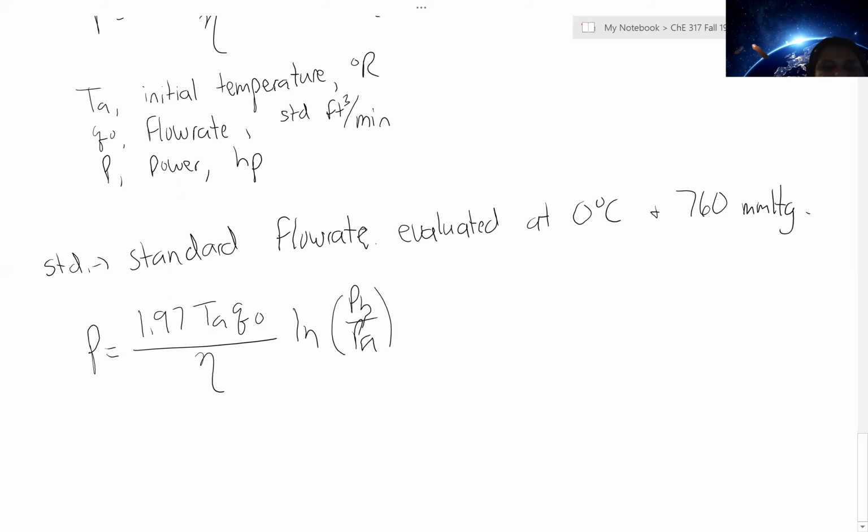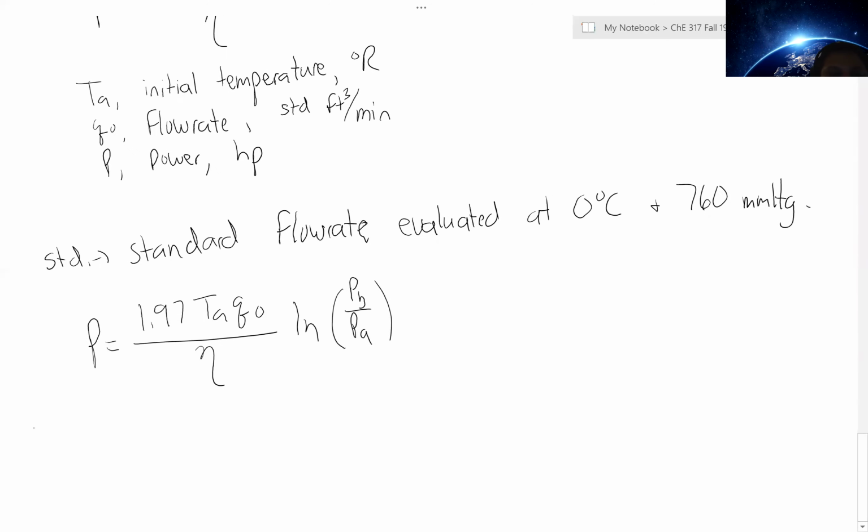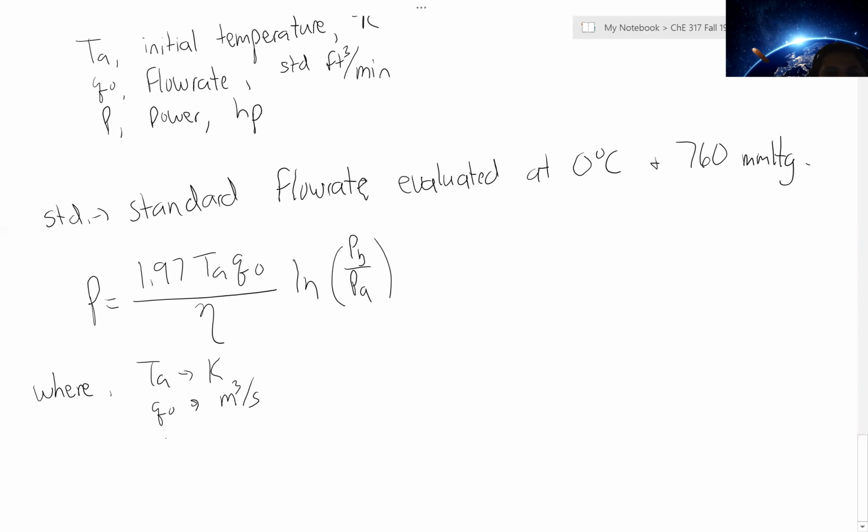And I'll clean that up a bit. Where once again, T_A is in Kelvin, Q naught is in standard cubic meters per second, and P gives you power in kilowatts.